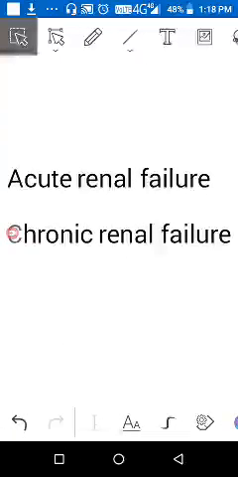Acute means a condition which has a sudden onset, right? It starts very suddenly and has a very severe effect. The acute condition is sudden in onset and can make the condition more severe and sudden. That is what is called acute.